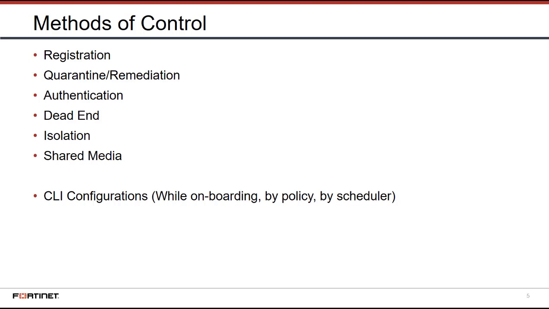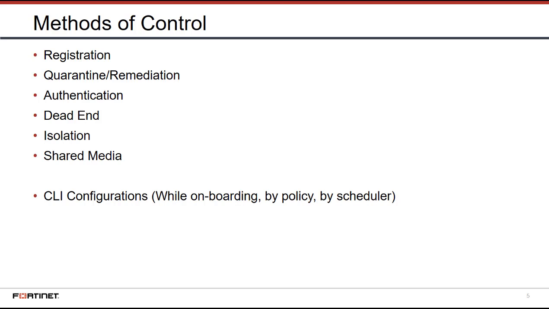That allows us to put our unknown hosts in there, as well as our at-risk hosts if we wanted to, as well as hosts that have been administratively disabled. Then the FortiNAC will handle the captive portal web page presentation to present the appropriate page based upon the host's state in that isolation VLAN.